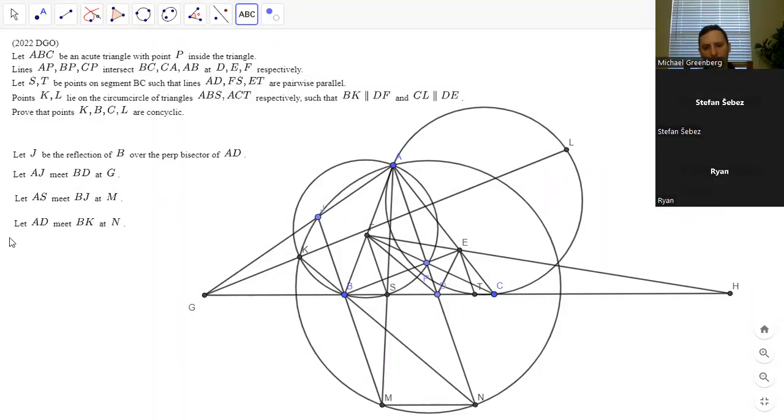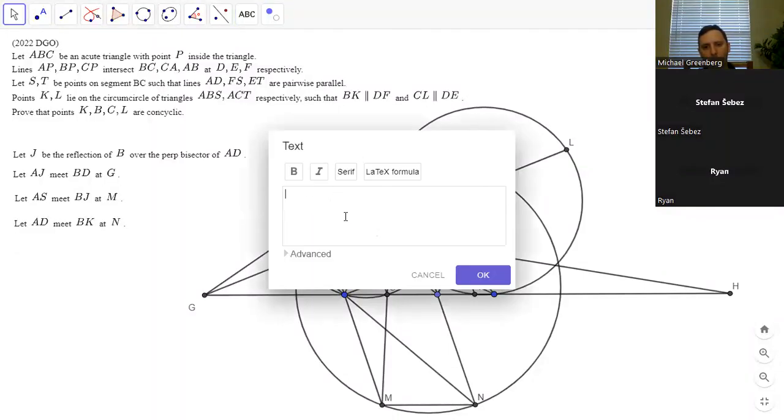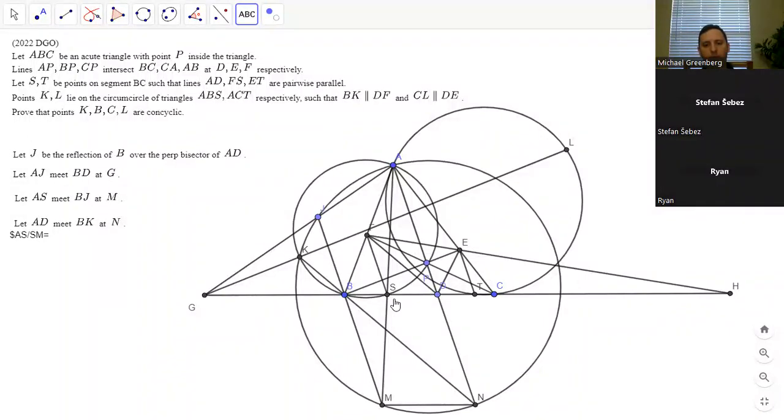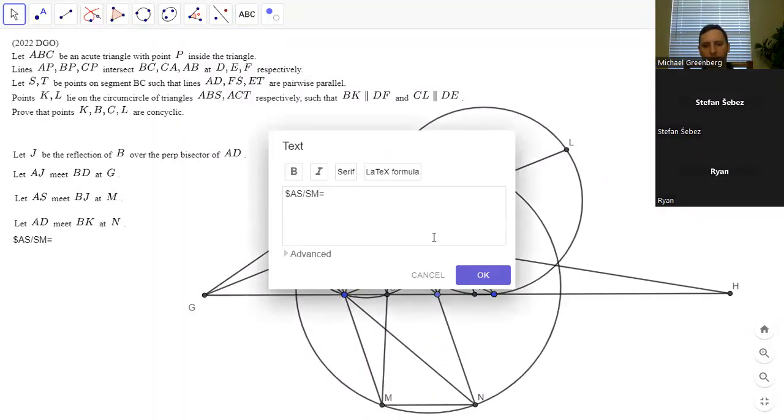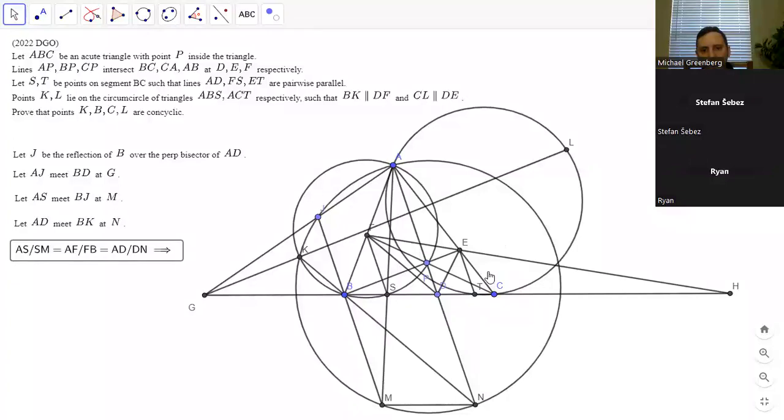So that kind of proves it, right? AS over SM is equal to AF over FB because we have that parallel. So we have two parallels, so it's equivalent to a homothety. BD is parallel to MN.